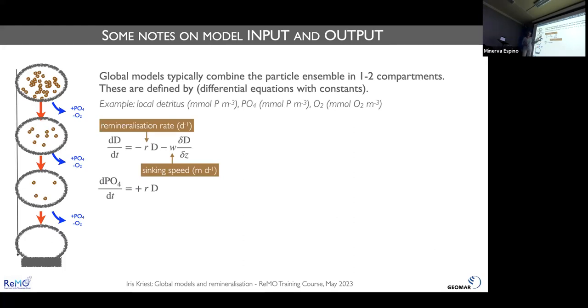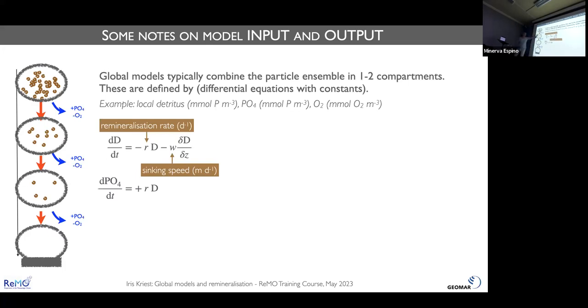So consider D being detritus, computed, for example, in terms of millimole phosphorus per cubic meter, and coming together with phosphate. So this is the local time rate of change of detritus, say in this depth level, and it's governed by its remineralisation rate and its sinking speed times the divergence with depth.